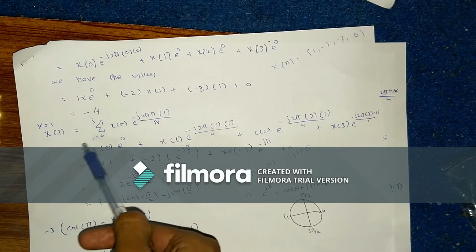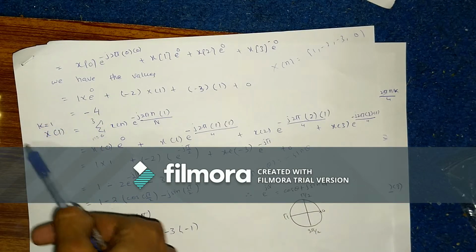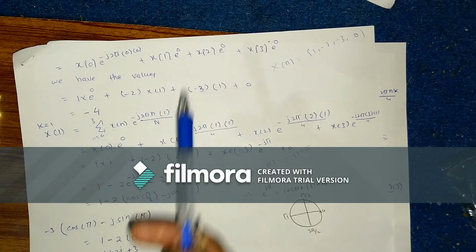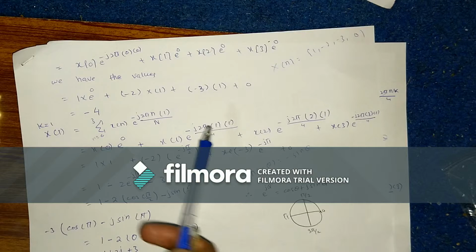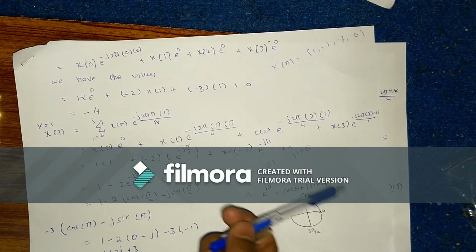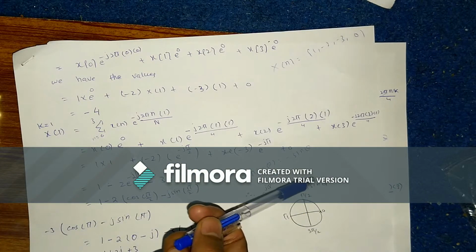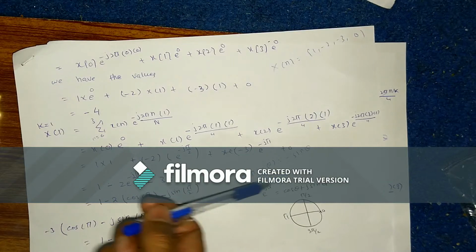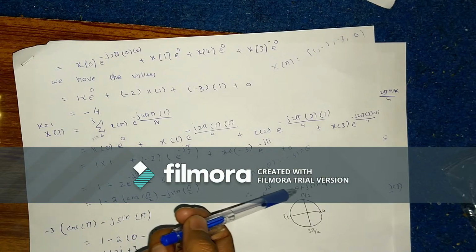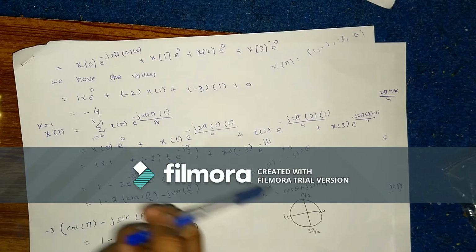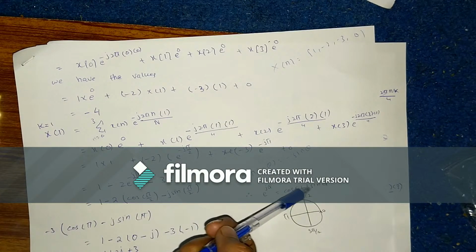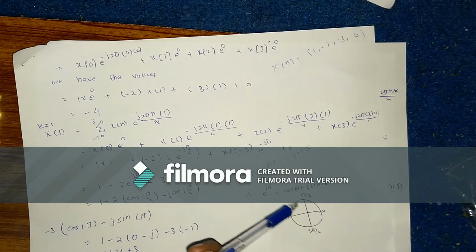The same procedure is repeated for k equal to 1, but there we have to deal with e^(-j 2 pi / 4). We consider the mathematical identity e^(j theta) equals cos theta plus j sin theta, so cos pi by 2 is equal to 0, and minus j sin pi by 2 is equal to minus j.